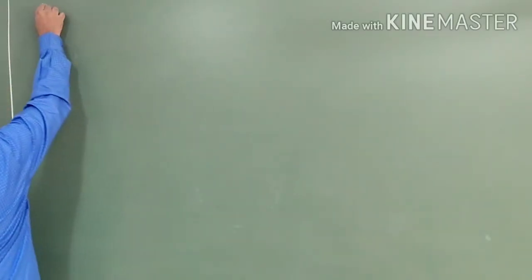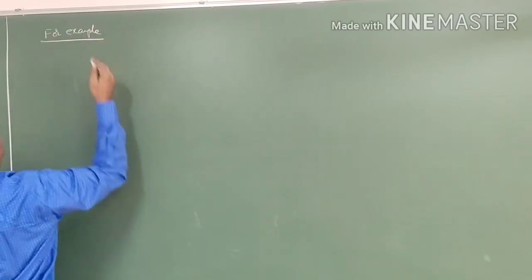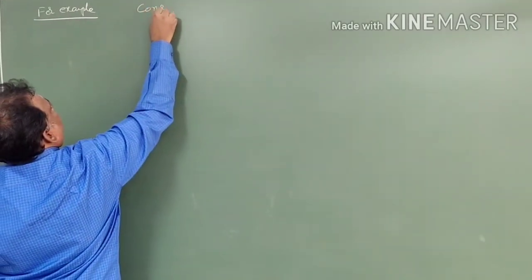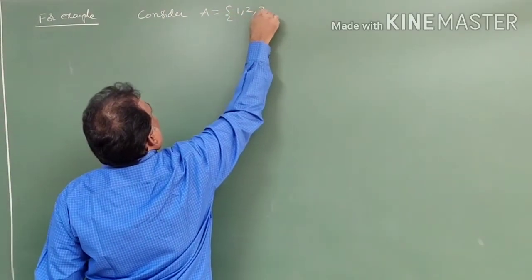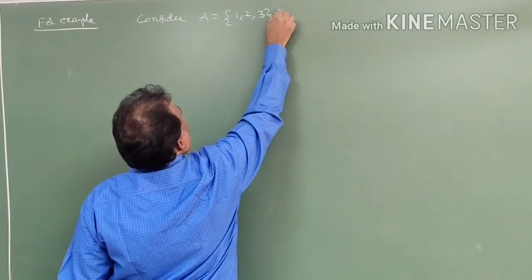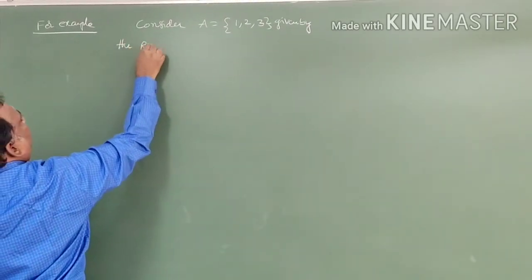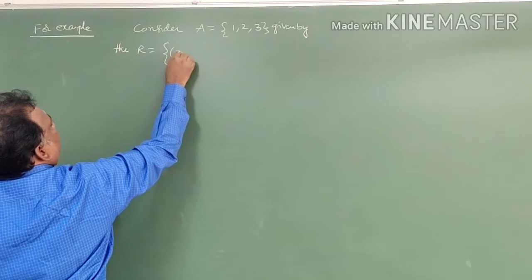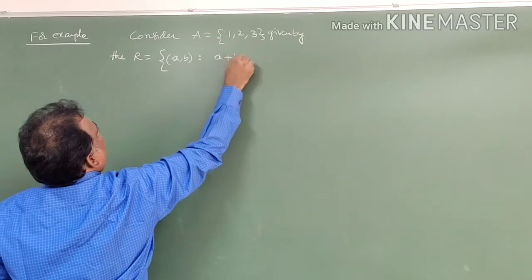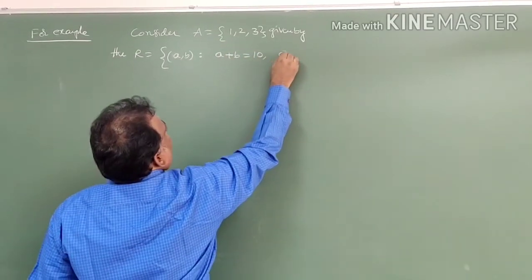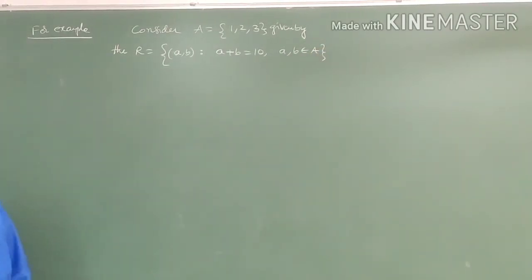For example, consider A equal to {1, 2, 3}, given by the relation R is equal to the set of ordered pairs (a, b) such that a plus b is equal to 10, where a, b belong to that particular set A. Observe clearly here.